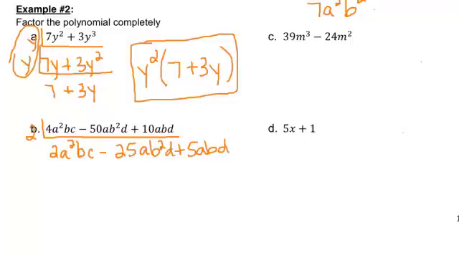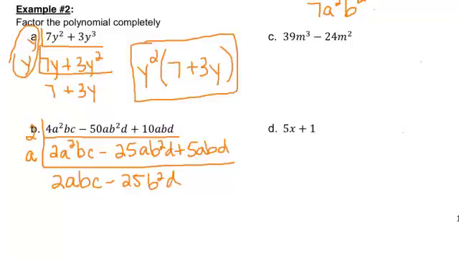Now I want to look at my variables. I notice that they all have an a, so I'm going to factor out an a. So if I, again, divide out an a, we get 2a squared divided by a is just a, and I still have bc, minus 25, a divided by a is just 1, so those are gone, b squared d.